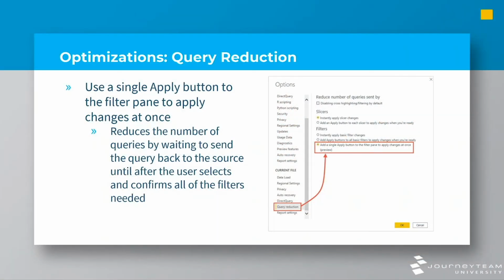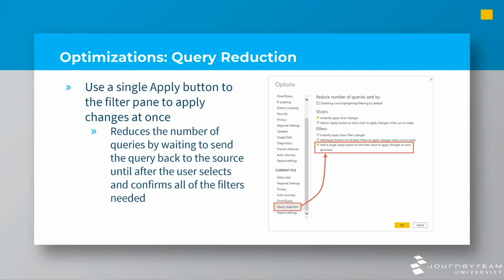Okay, so another optimization piece is doing something called query reduction. Microsoft added this functionality a while back where you could use a single apply button in the filter pane. That's really, really useful.